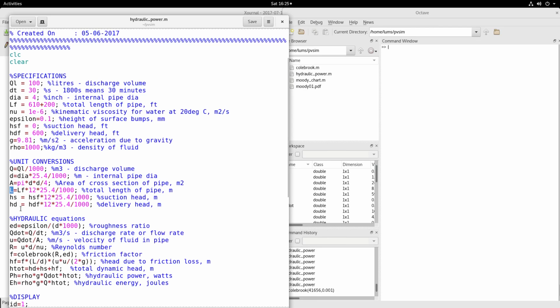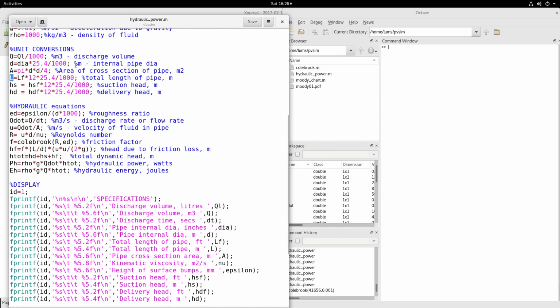The total pipe length, including the horizontal part, which is given by LF in feet, is converted into meters by multiplying it with the factor 12 into 25.4 by 1000. HS, the suction head in meters, would be HSF, suction head in feet, into 12 into 25.4 by 1000. Likewise for the delivery head.